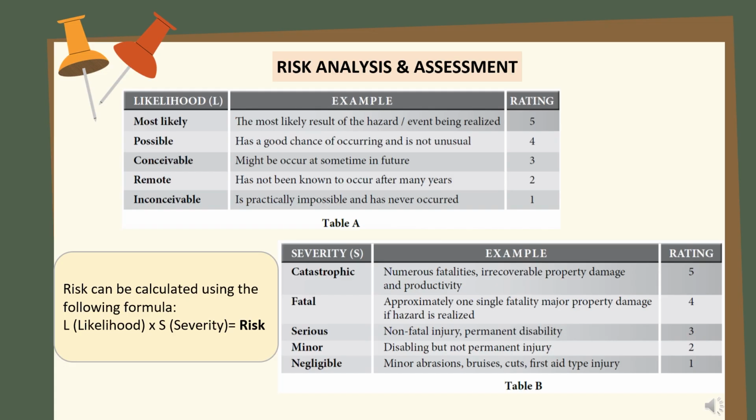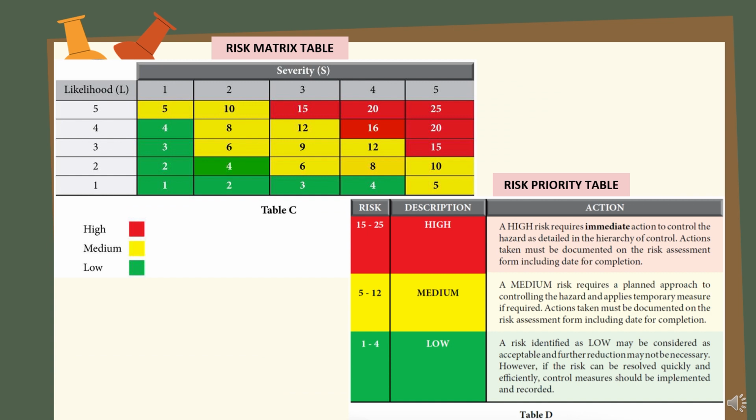Here are some tables that we need to consider before we do the high-rate form. Table A presents the likelihood of an event occurring, and Table B indicates the severity of the hazard. Risk can be calculated using the formula likelihood times severity. Next, the risk matrix table and risk priority table.